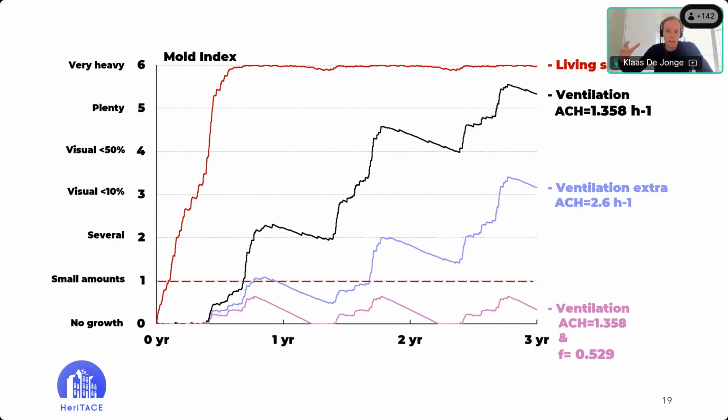But only ventilation there again didn't solve the problem. But if you increase the temperature factor to 0.5, again, it's not some crazy intervention. It's quite doable. If you combine that with normal ventilation standards, then you actually manage to push down the mold indexes quite a lot.